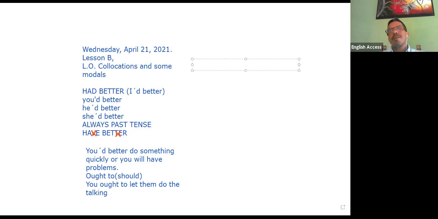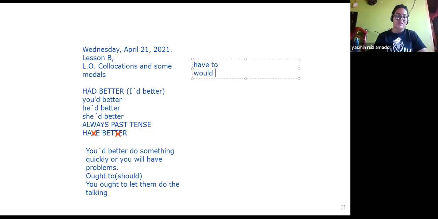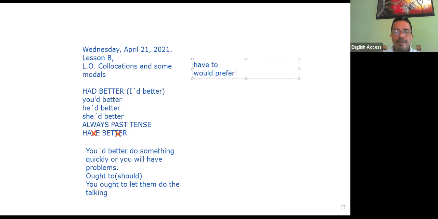Okay, those are what we have in the book. As you know, we have many, like have to. The one I mentioned, would prefer. Sometimes we use a construction, right? Like I'd prefer. Same with the rest.